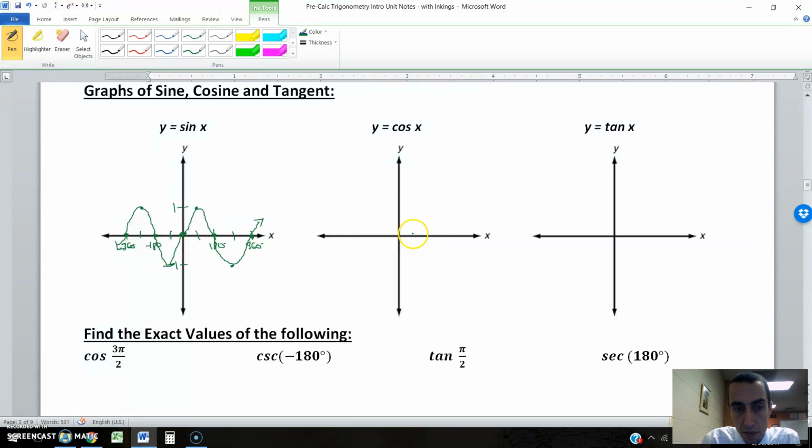Now, a cosine graph is very similar to the sine graph. The only real difference is where it starts. Instead of starting at 0, 0, you can think of it starting at the point 0, 1. It goes down to 0, then down to negative 1, up to 0, up to positive 1.